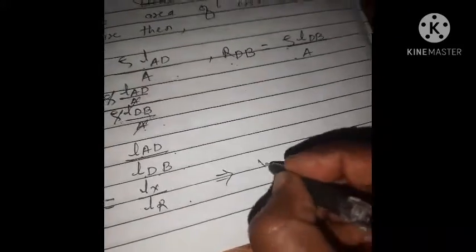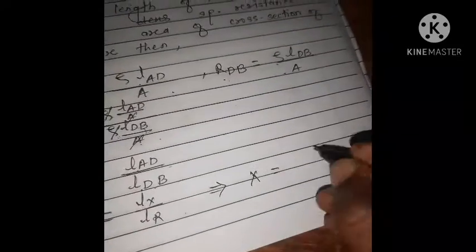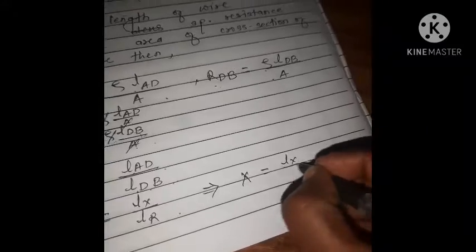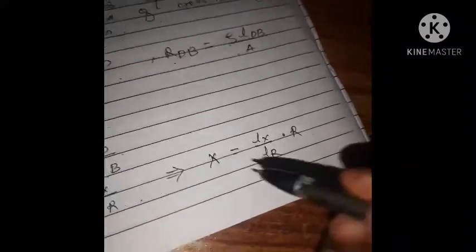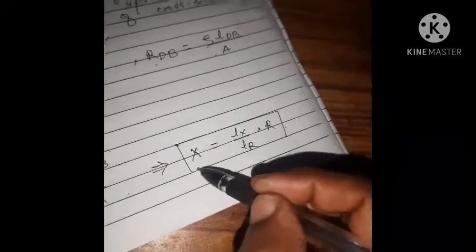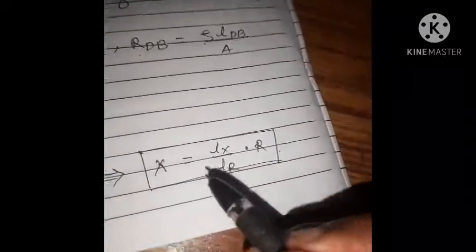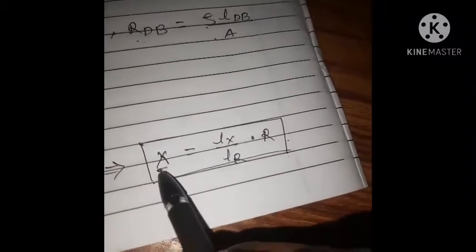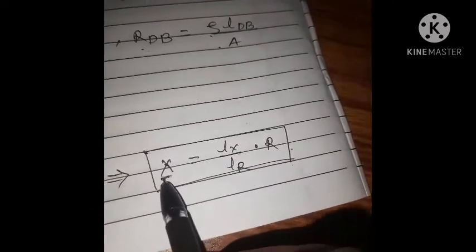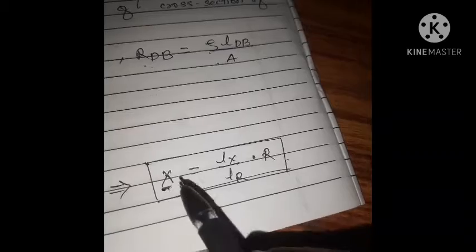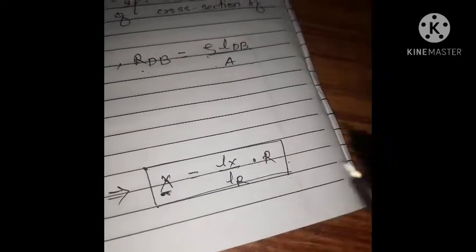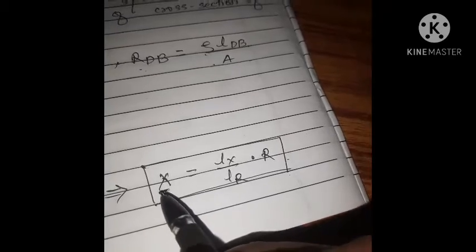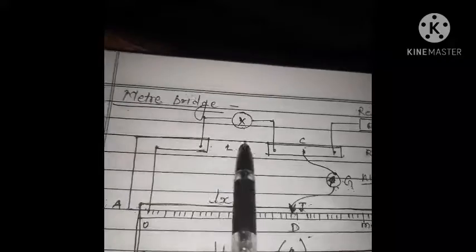From this we can write X is equal to LX by LR into capital R. And by using this formula we can determine the value of X, the unknown resistance, the value of the unknown resistance which is connected in the left gap.